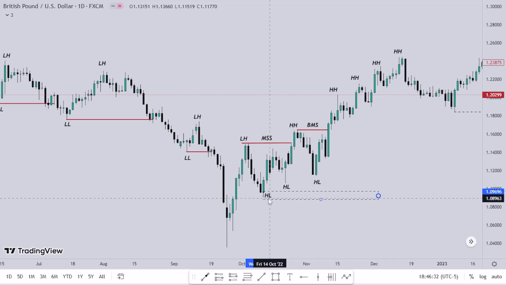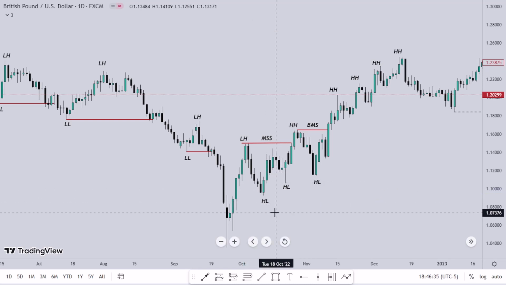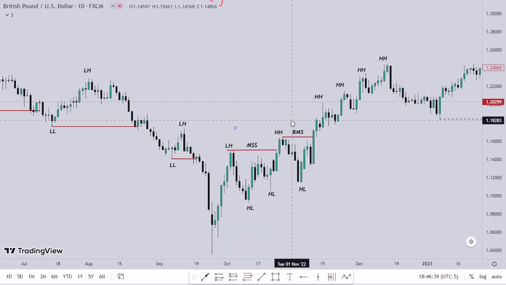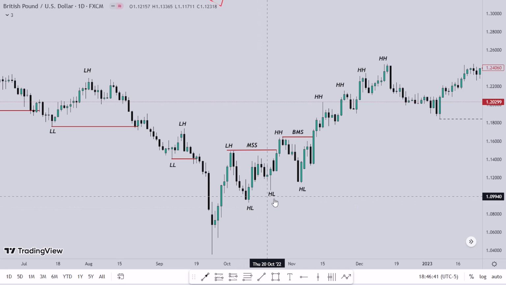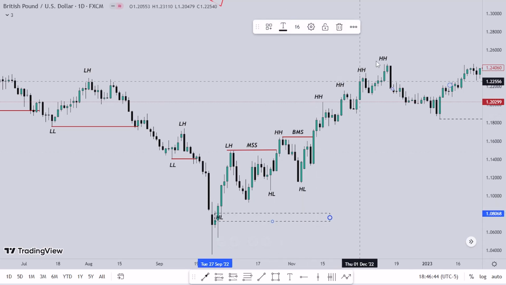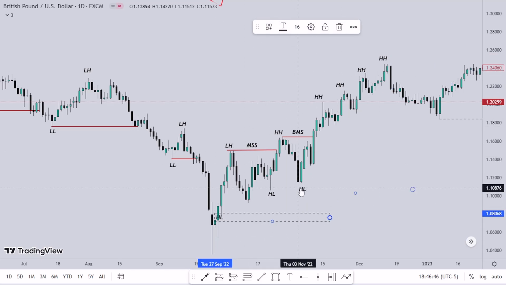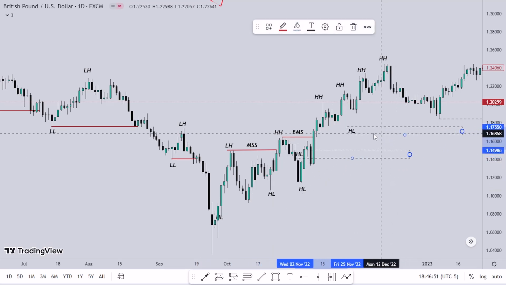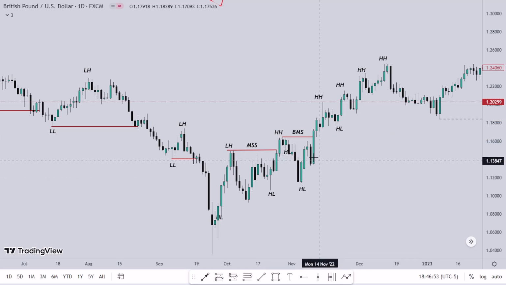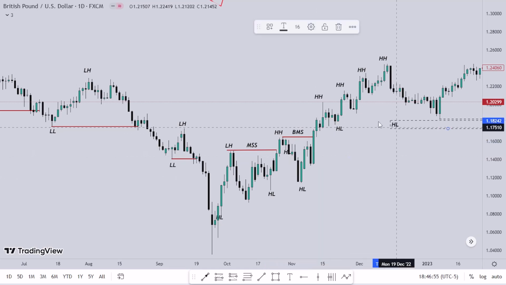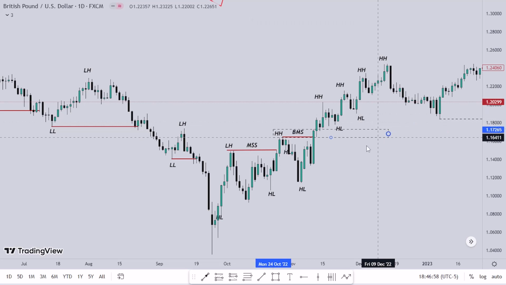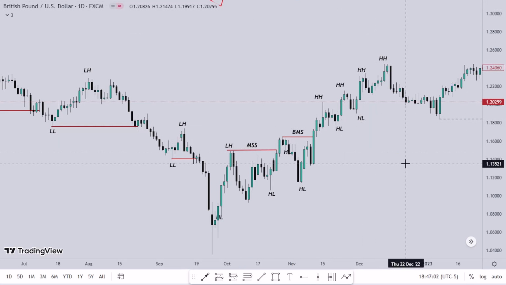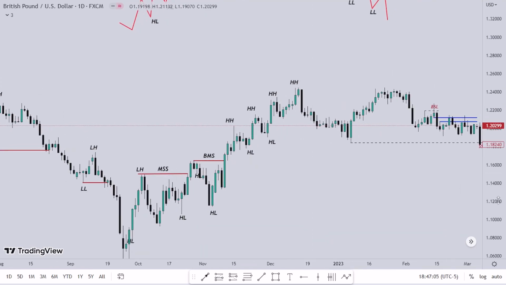So these are the characteristics of a bullish trend: a series of higher highs and higher lows. All the highs are higher than previous highs, all the lows are higher than previous lows. Okay, good. And then let's see what happens here.